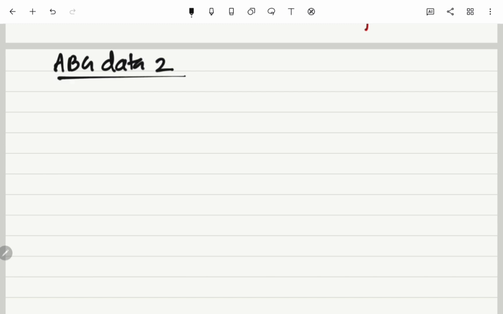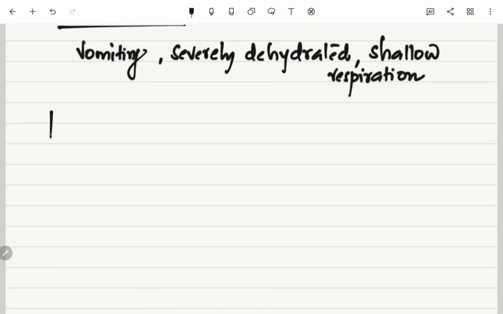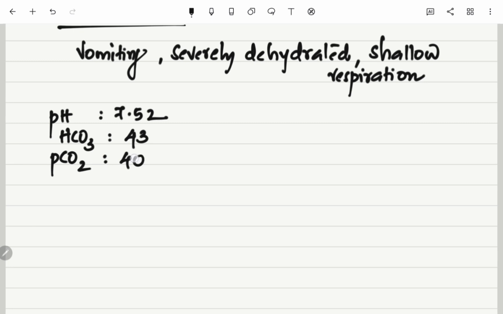Moving on to the second data. It's a case scenario of a 28-year-old man who was admitted to the hospital with a history of severe vomiting. He was clinically severely dehydrated with shallow respiration, and the biochemical results are pH equals 7.52, PCO2 is 40, HCO3 is 43 millimole per liter.